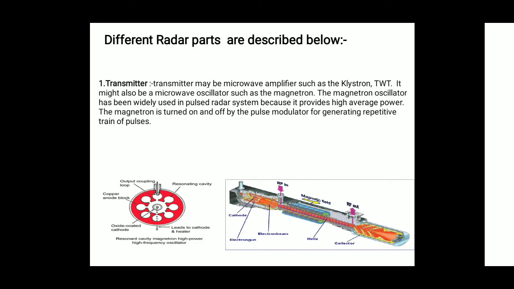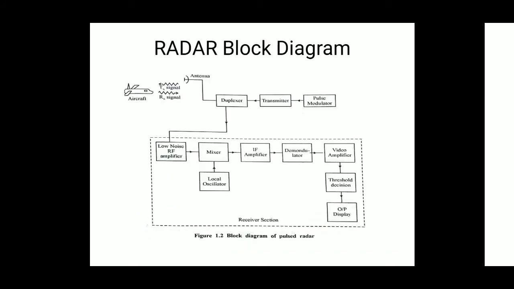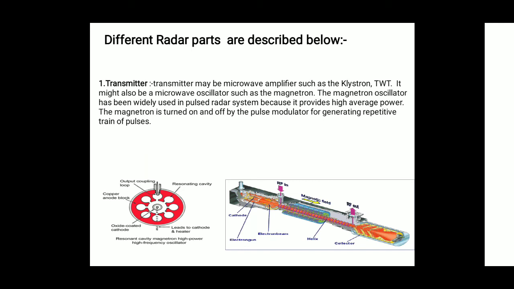So in this slide we discuss the different components of the radar system. First, the transmitter. The transmitter part basically consists of a high power oscillator and a high power microwave amplifier. You can see this image represents the magnetron.